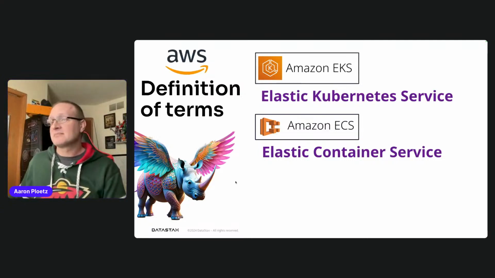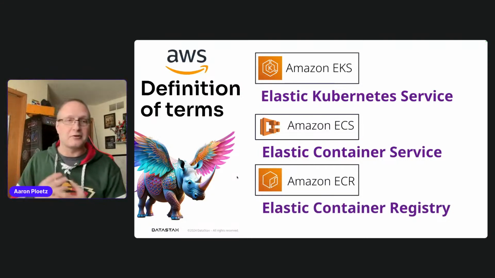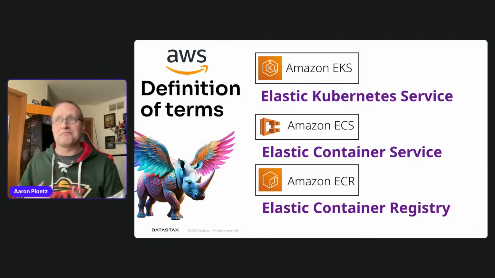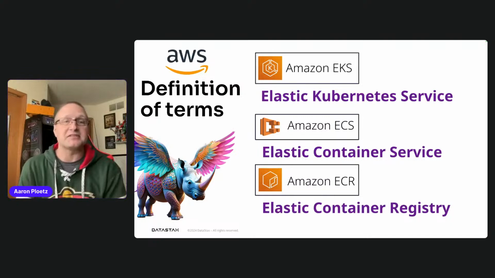And then there's the ECR, or Amazon Elastic Container Registry, which is basically where we're going to send all of our images that we want to run as containers inside of ECS.